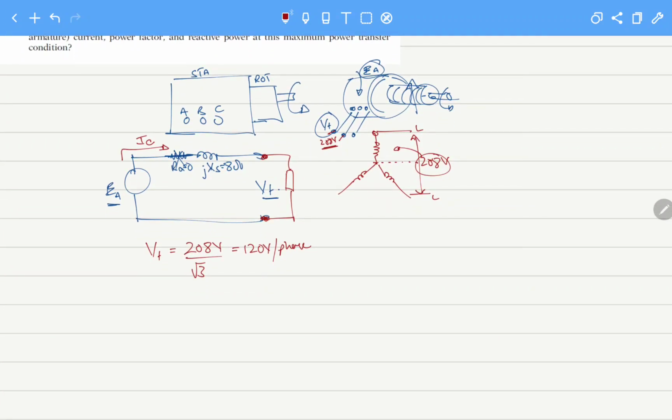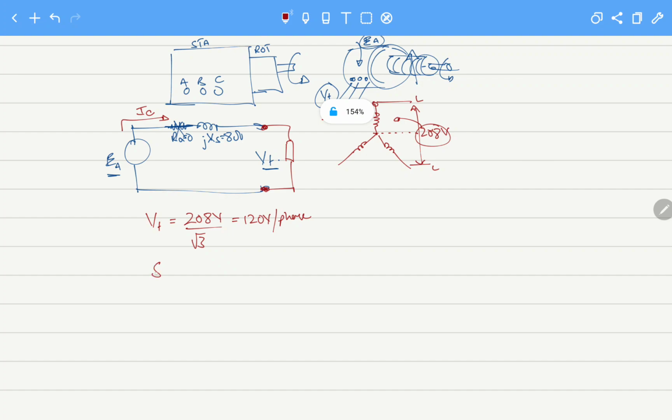So we know that our machine is delivering the rated output power, and the formula for a three-phase machine is S rated equals root 3 V rated into IA, that's the output. So the armature current will be found with S equal to 5 kVA.